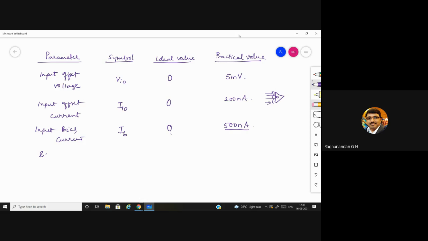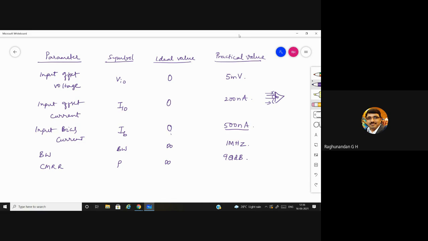Coming to the bandwidth, as we have discussed, it is infinity ideally and 1 megahertz practically. And coming to the common mode rejection ratio, which is represented by the rho symbol, it is infinity, but practically it is 90 dB.